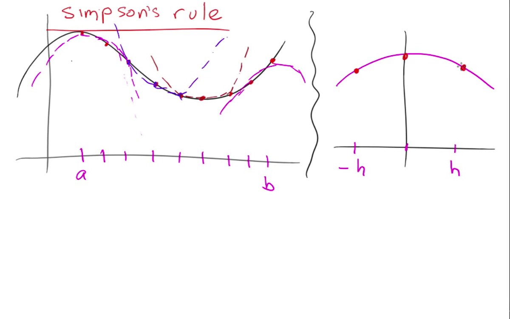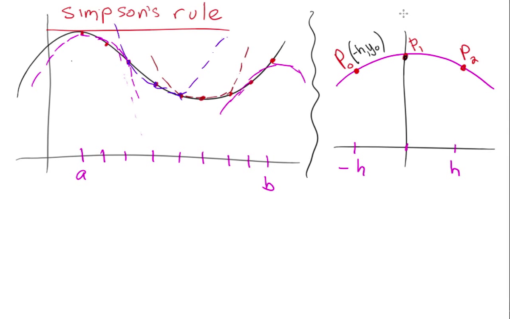So, okay, so let's label these first. Label this P sub 0, P sub 1, and P sub 2. So P sub 0, what's the point P sub 0? What's the x value? Negative h. And then we'll call the y value y sub 0 to match that P sub 0.